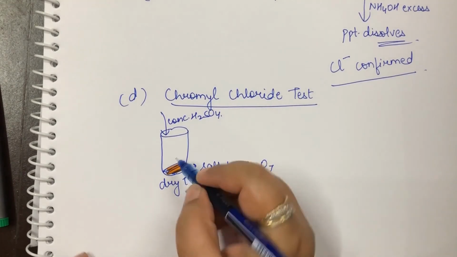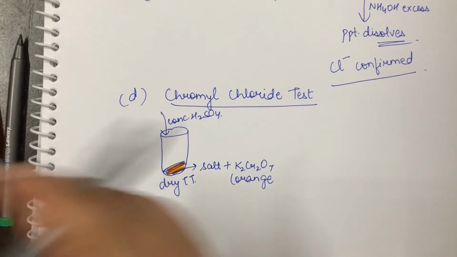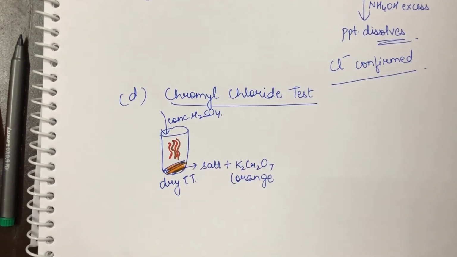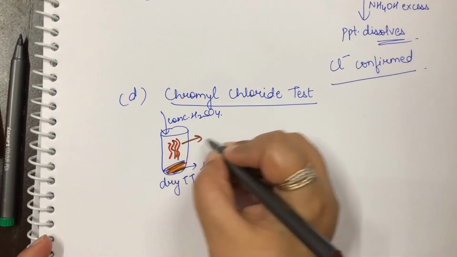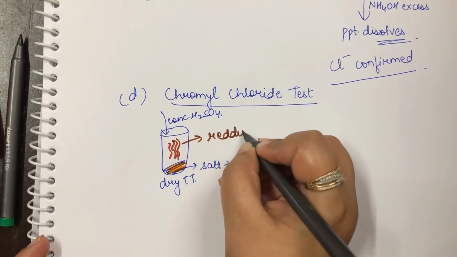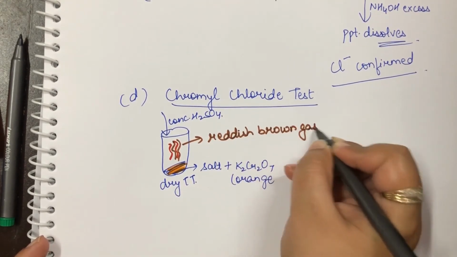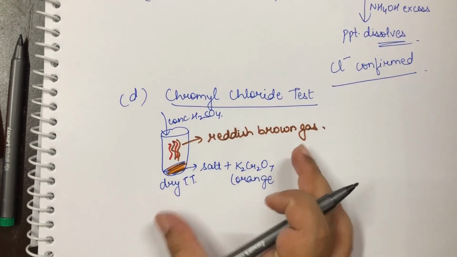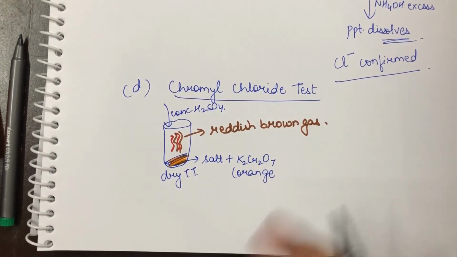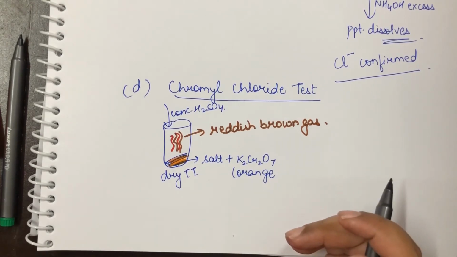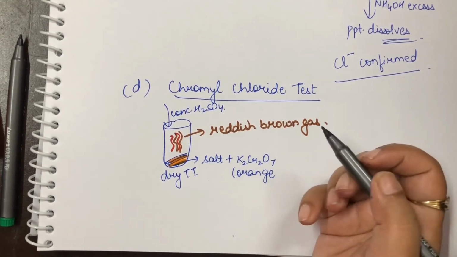Now the moment this happens, you will have a reddish brown gas evolving. And if this reddish brown gas is not evolving immediately, you can just heat it a little bit. The reaction becomes a little more vigorous and more gas would be released.